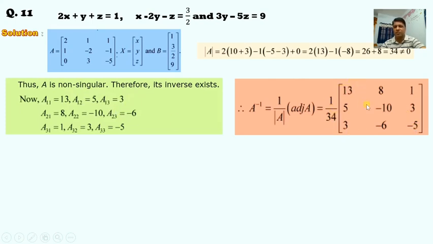That means we have already taken the transpose of this matrix, that is called adjoint. And we have applied this formula: A inverse is equal to 1 upon determinant A into adjoint of matrix A, which is equal to, the value of determinant is 34, we have already put here, and the whole adjoint of this matrix, which is equal to now 1 upon 34.